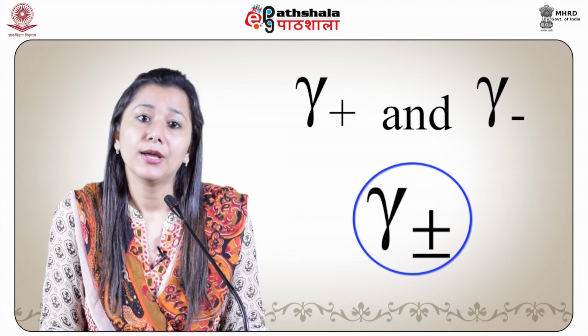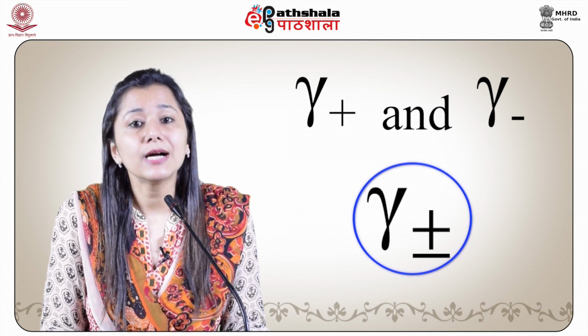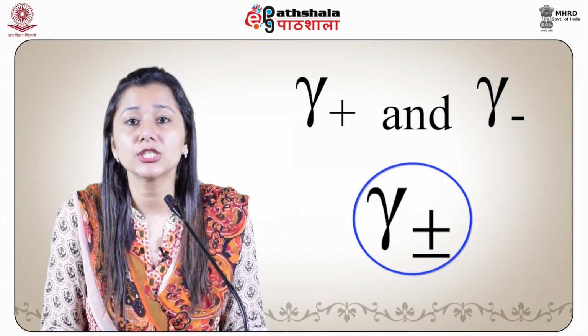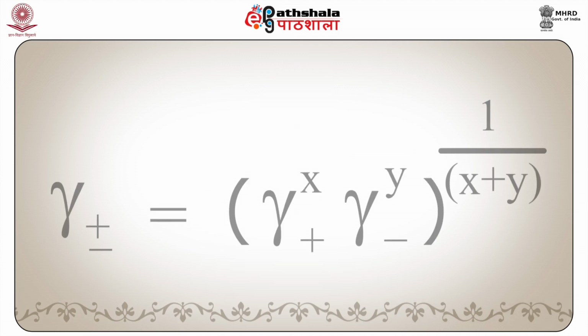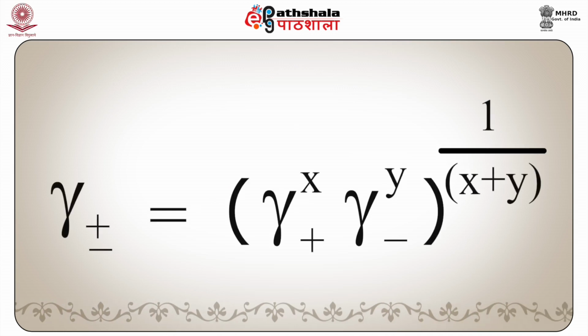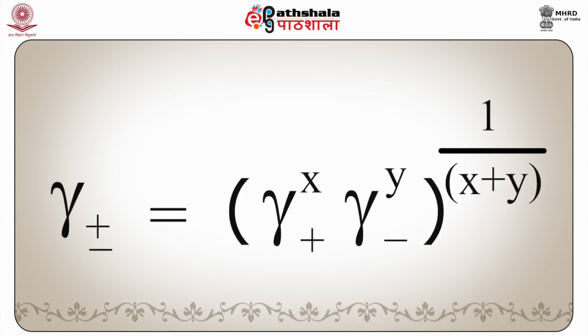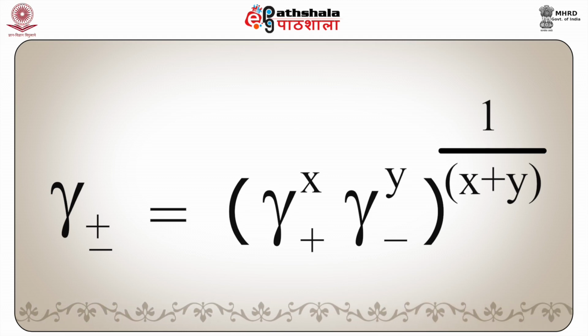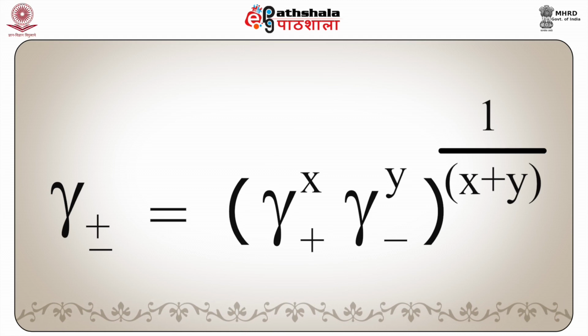The mean activity coefficient gamma± is a measure of ion-ion interactions in solution. Mathematically, it is given as gamma± is equal to gamma+ raised to power x into gamma- raised to power y, whole raised to power of 1 upon x plus y.